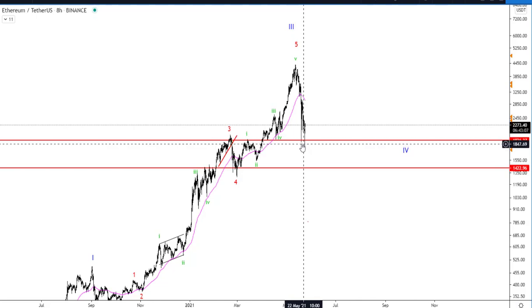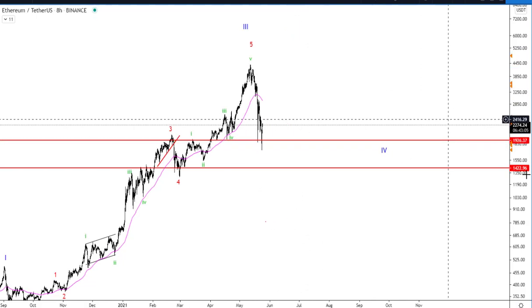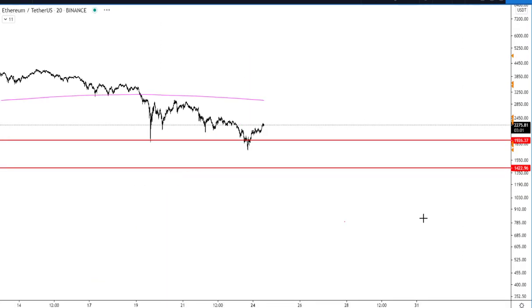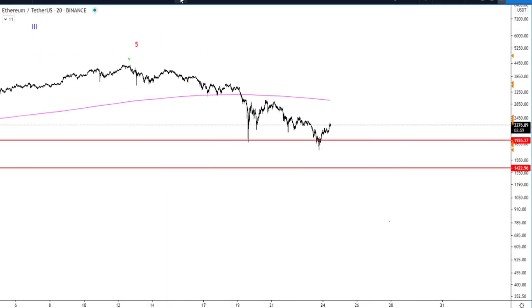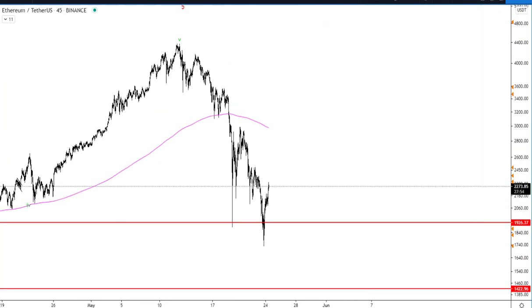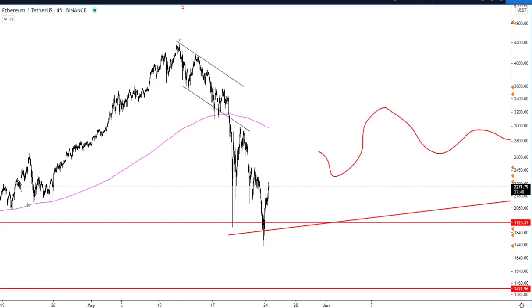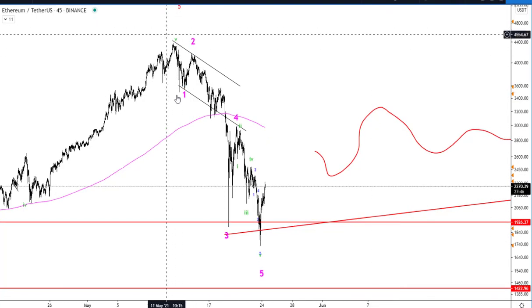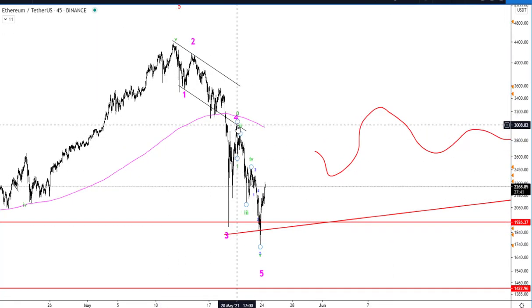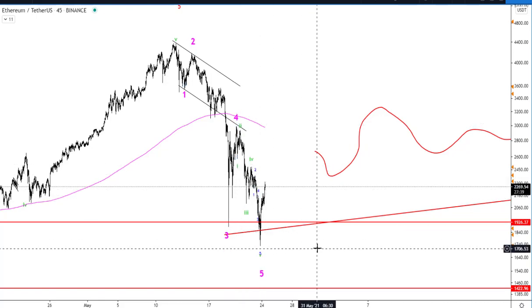So we rejected again on this very strong support. Same thing, on smaller time frame, we had an impulse from the top. Like this. 1, 2, you break your best channel. 3, 4, retrace to the best channel. 1, 2, 3, 4, 5.